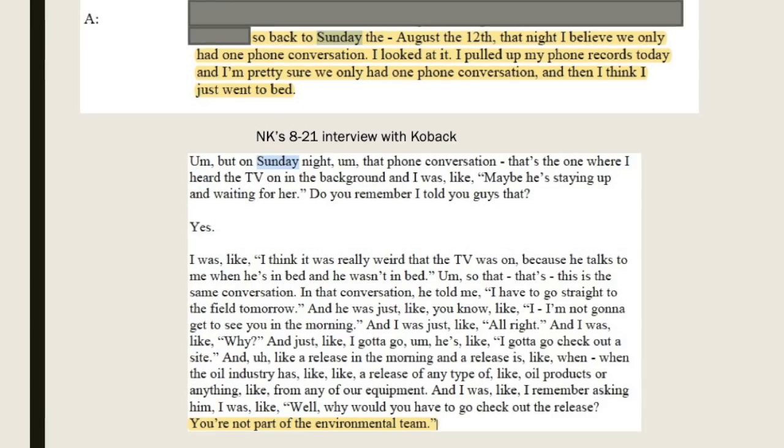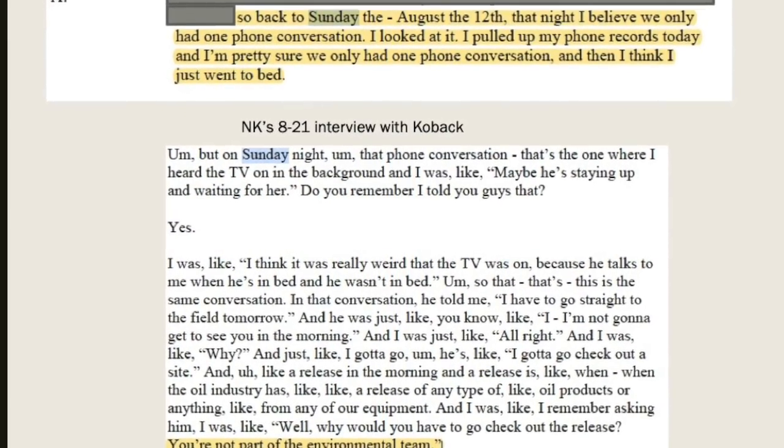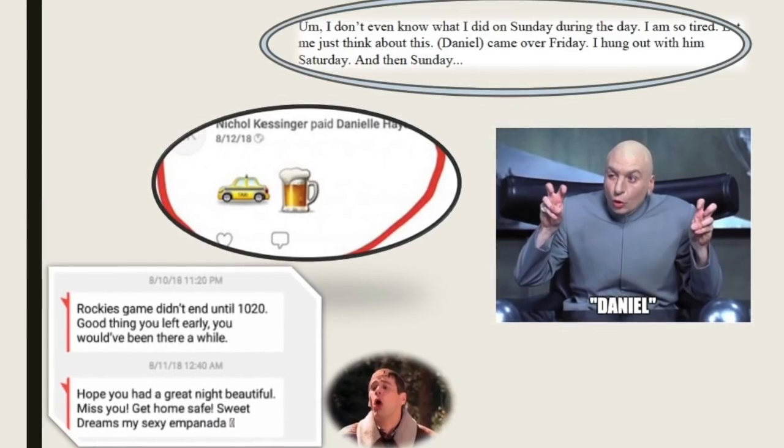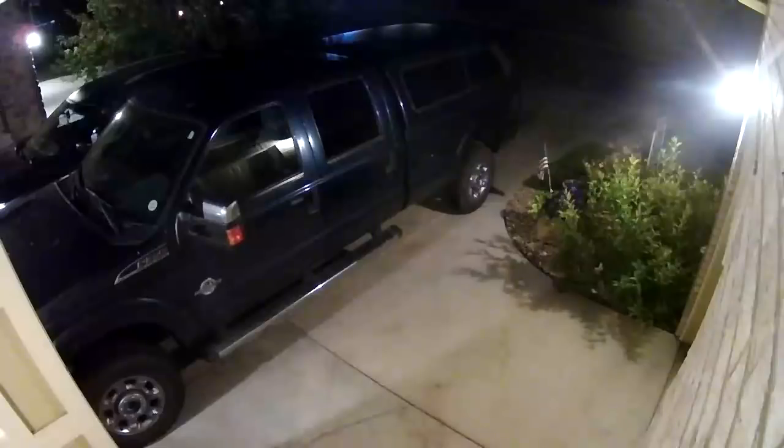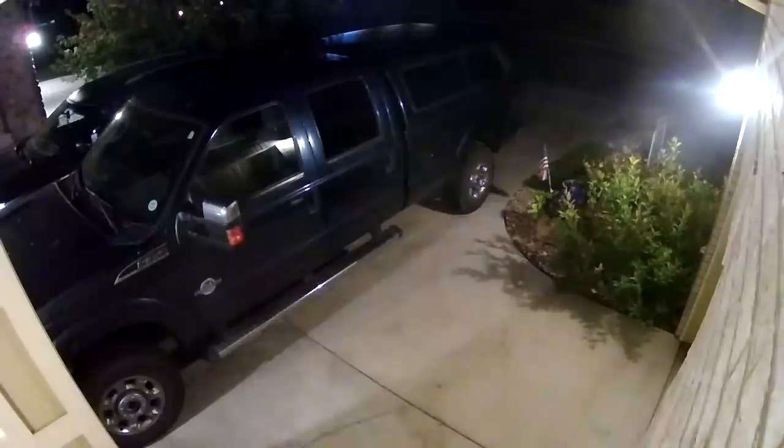But lo and behold, she claims to have little to no recollection of the exchange that happened over the course of the longest phone call between the defendant and CW in their entire history of communicating. Let me just say it again for the people in the back. This defendant does not have an alibi that has been checked out and verified by law enforcement. This defendant holds the longest phone call that is recorded in their history.